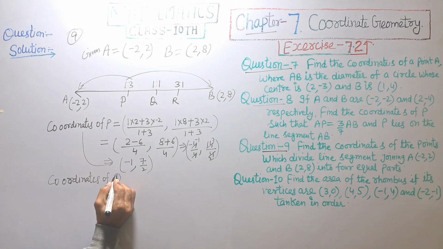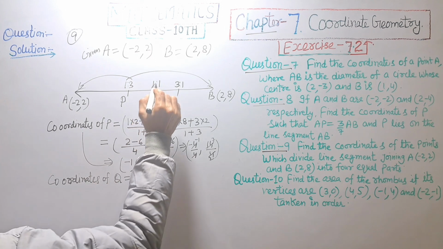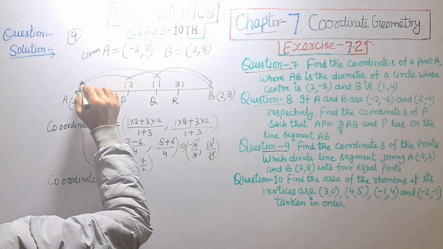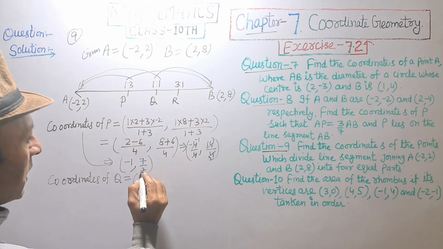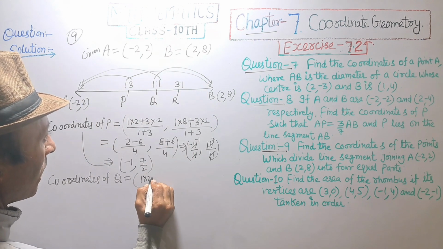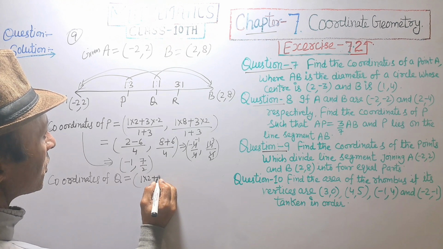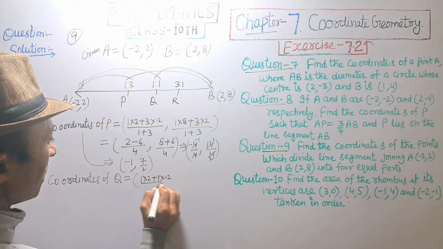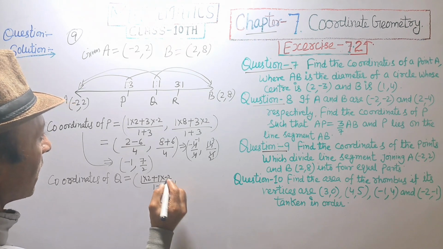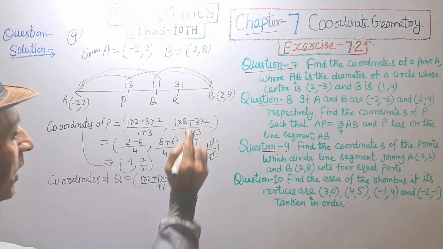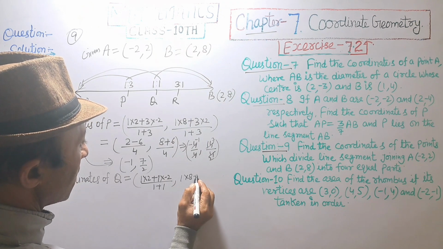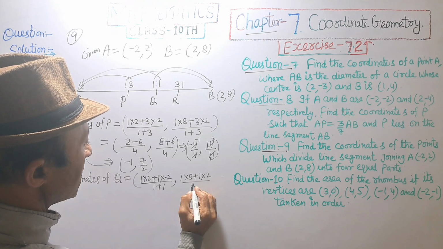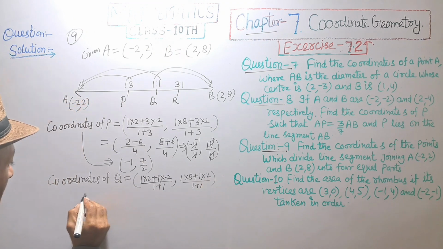Coordinates of Q equal (1 multiplied by 2 plus 1 multiplied by -2) divided by (1 plus 1), and (1 multiplied by 8 plus 1 multiplied by 2) divided by (1 plus 1).